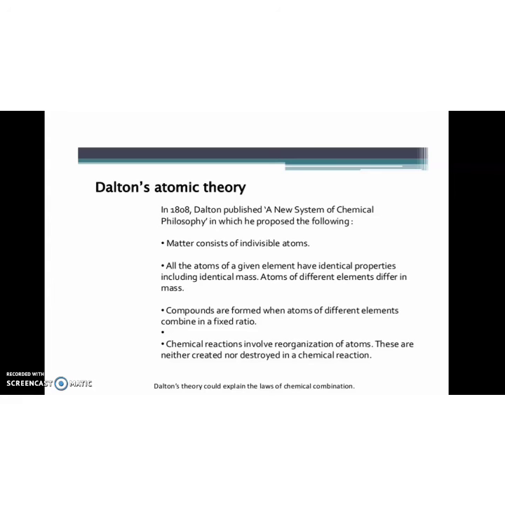For example, in a water molecule, hydrogen and oxygen are combined in a ratio of 2:1, so there is a fixed ratio for combining atoms. And the fourth is that atoms can neither be created nor be destroyed in a chemical reaction. These are the laws and postulates put forward by our great scientists.